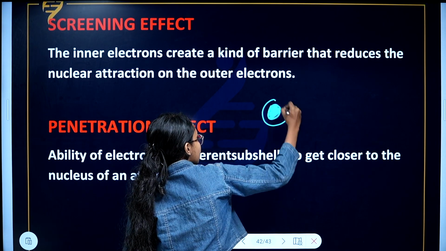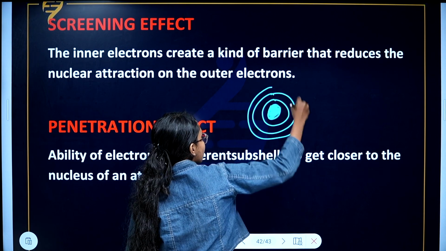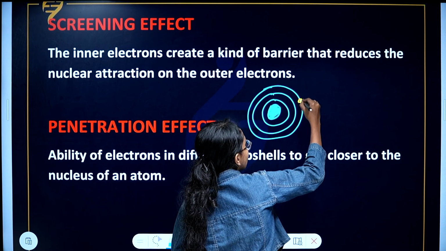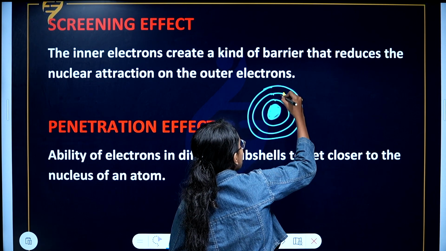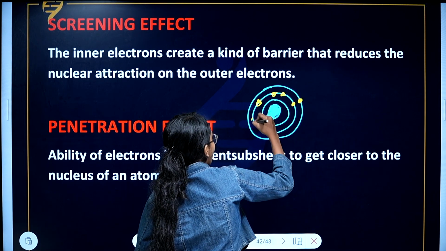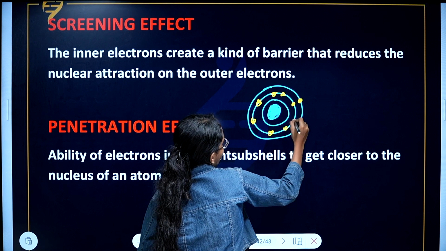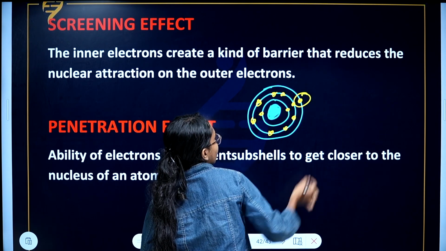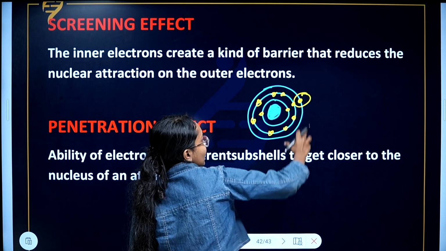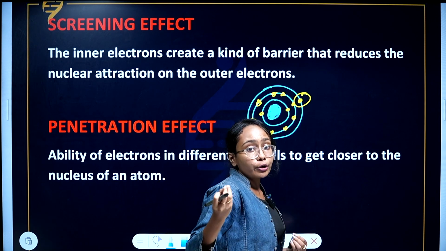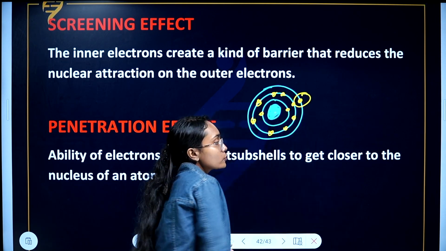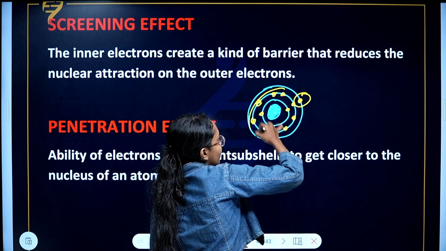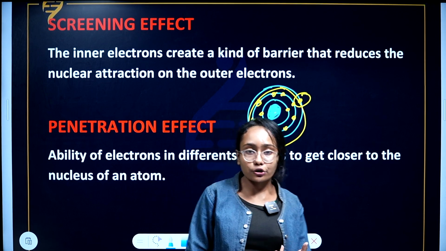This is a nucleus. These are the shells. I have an electron here, and I have some random number of electrons here. So this particular electron is shielded or protected from the nuclear force of attraction by the other electrons.